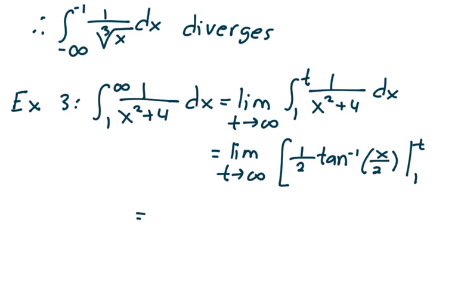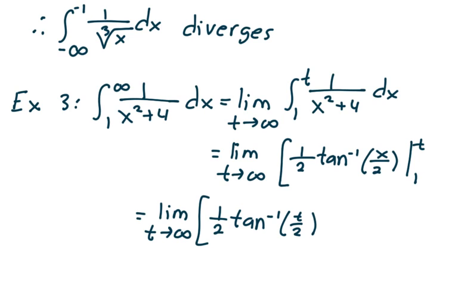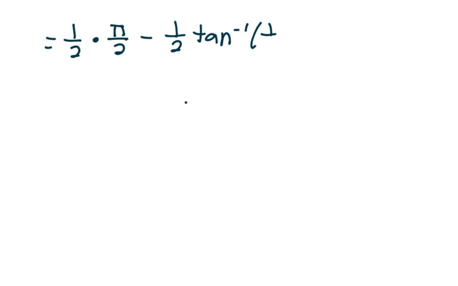If I plug the t in for x, I get the limit as t goes to infinity of 1/2 arctangent of t over 2 minus 1/2 arctangent of a half. And so when I let t go large, I get 1/2 times pi over 2 minus 1/2 arctangent of a half.